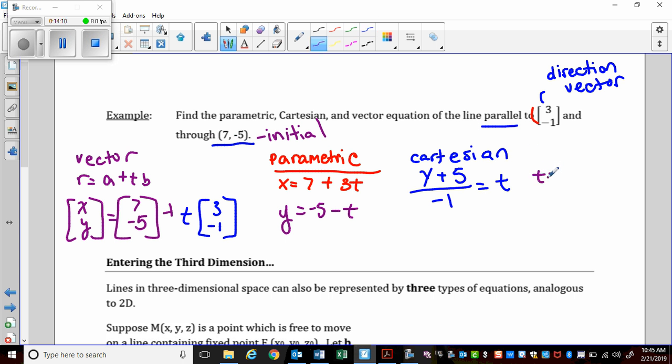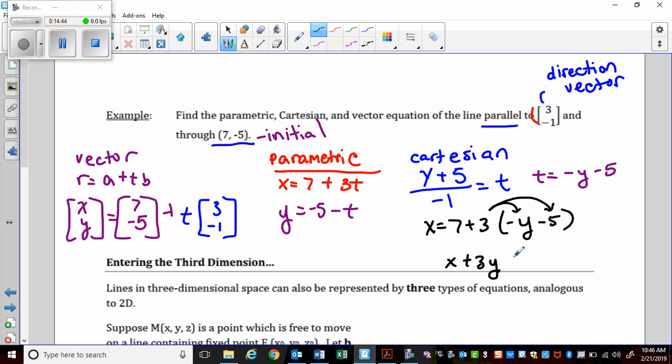So t is equal to -y minus 5, just the negative of the top. Now I can plug that into the x value. X equals 7 plus 3 times (-y minus 5). I'm going to distribute this 3 to both, and I'm going to move this -3y over. You guys can do this in a couple steps. X plus 3y equals, let me check and make sure I'm right.